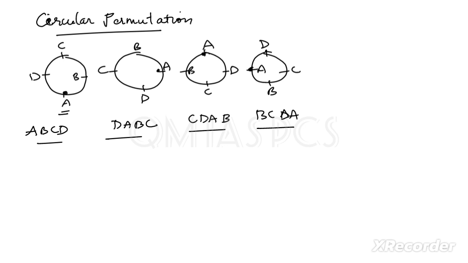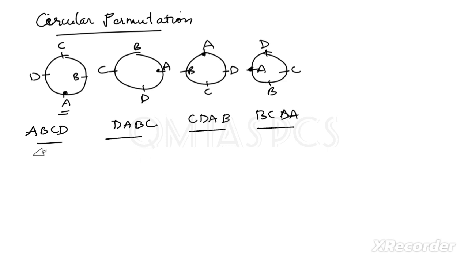What I'm trying to say is, if there are four things, let's say A, B, C, D, then for each circular arrangement, the number of linear arrangements is 4. Similarly, for n different things, if n different things are arranged along a circle, then for each circular arrangement, the number of linear arrangements is equal to n. Got it?